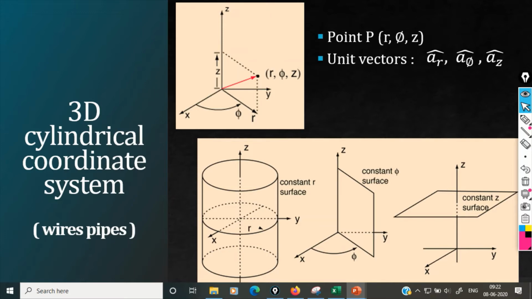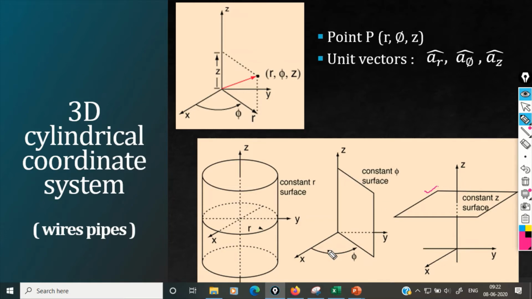If I want to draw the three surfaces in cylindrical coordinate system, with r equal to constant, I will get a surface of shape cylinder. With z equal to constant, I will get a plane which is perpendicular to the z axis.